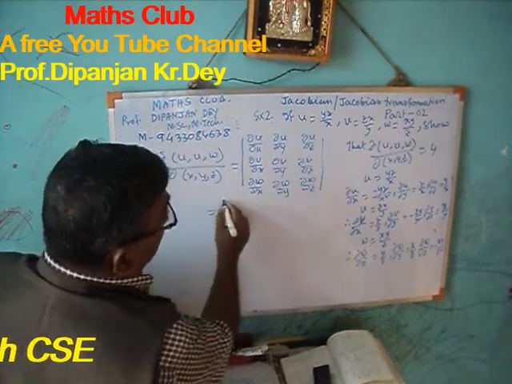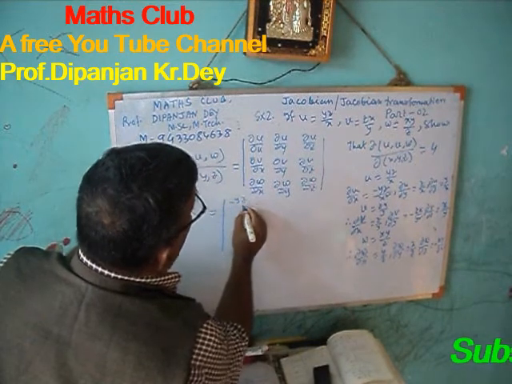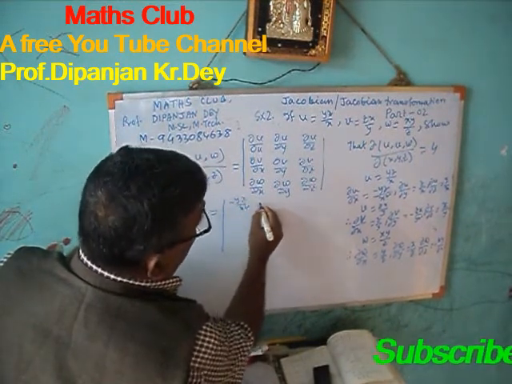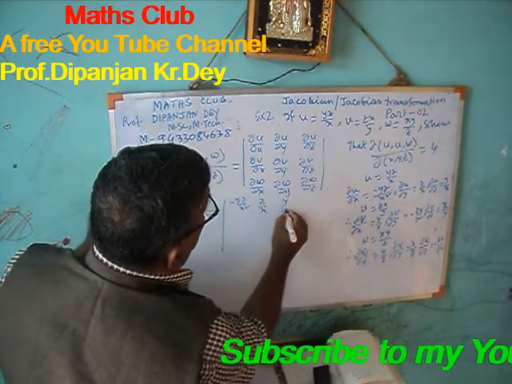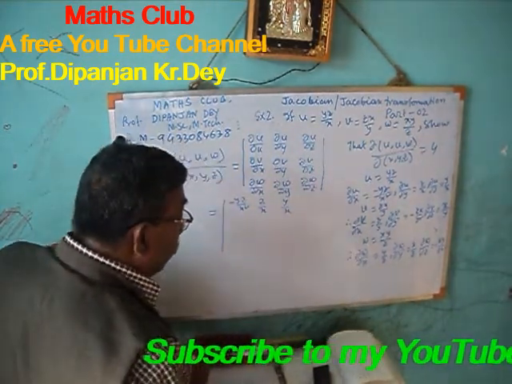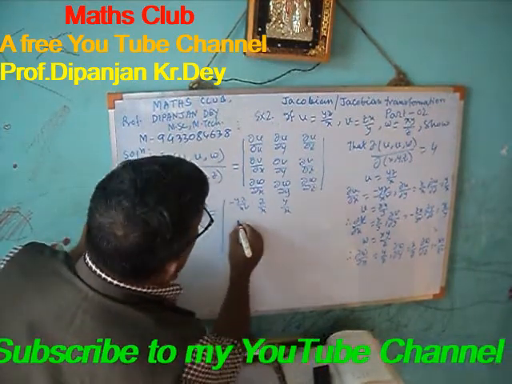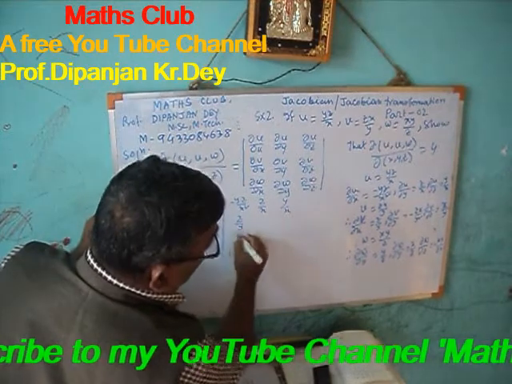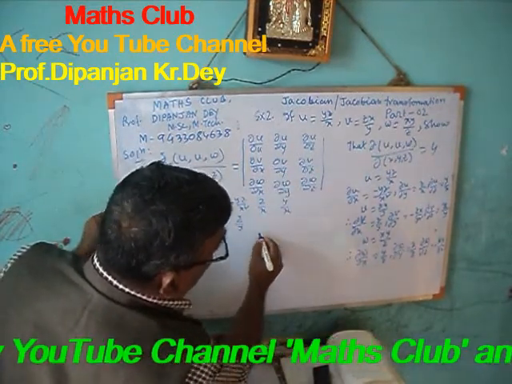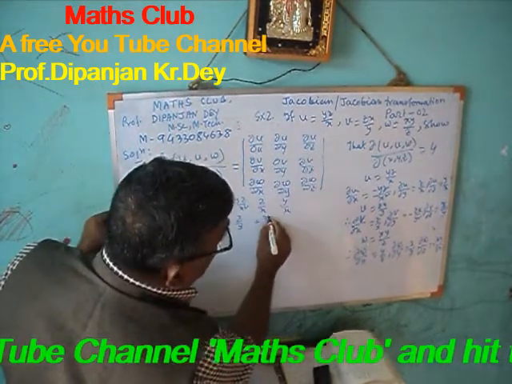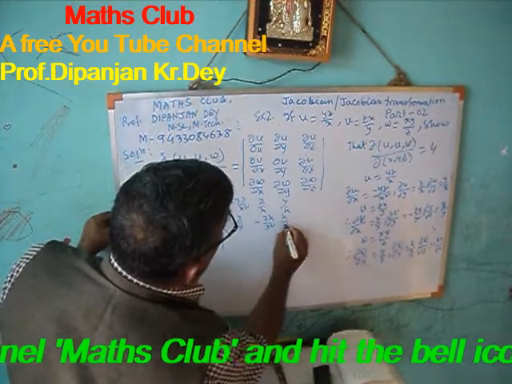This is equal to, I am just putting the values: minus yz by x square, then z by x, this is y by x. Now this will be z by y, then del v by del y, that is minus zx by y square, then x by y.